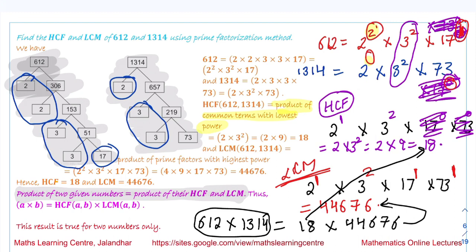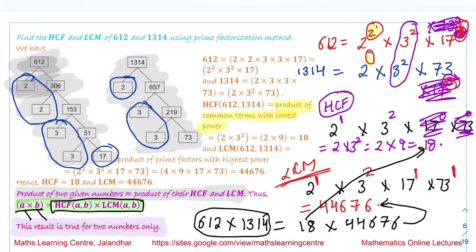So what we are saying is that A into B is equal to HCF of A, B into LCM of A, B, and it is important to note that this result is true only for two numbers. That is, if two numbers A and B are given to us, then the product of these two numbers is equal to the product of the HCF and LCM of these two numbers.